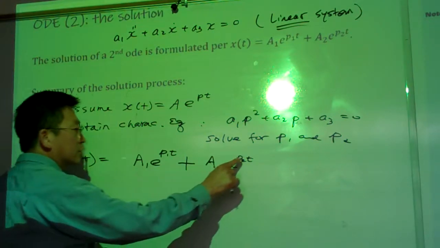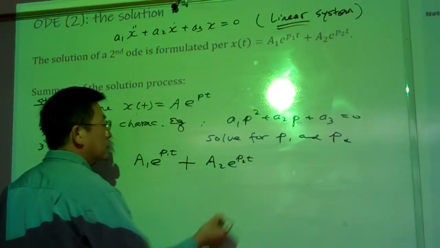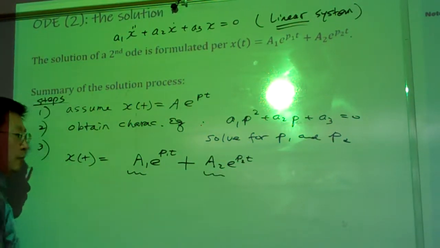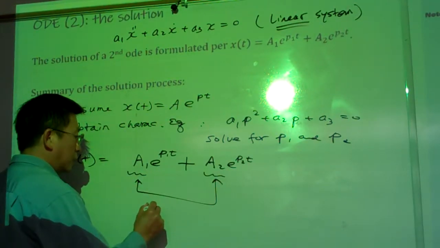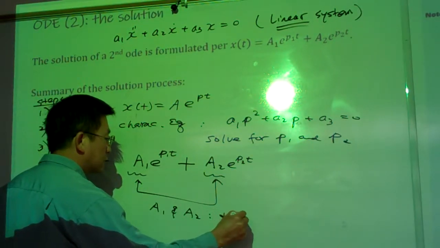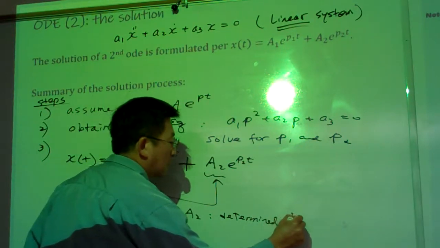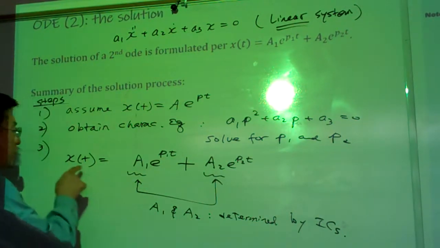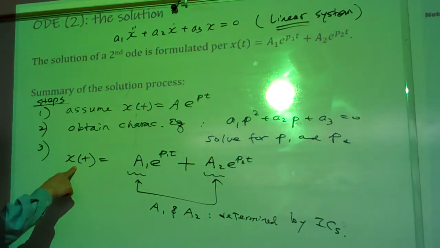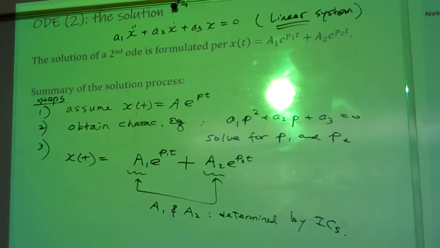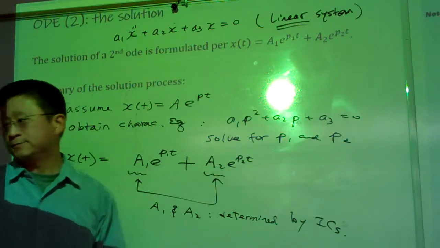So right now, that leaves A1 and A2, two unknown constants, which are determined by using the initial conditions. So this is the general steps of solving the equations. And once you have A1, A2 solved, you know the displacement, and basically you solve the problem. Okay? The whole process really depends on the coefficients a1, a2, a3.